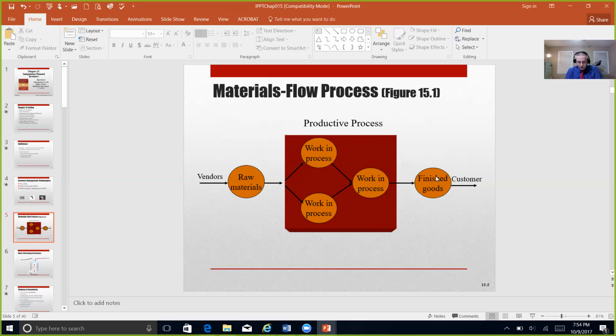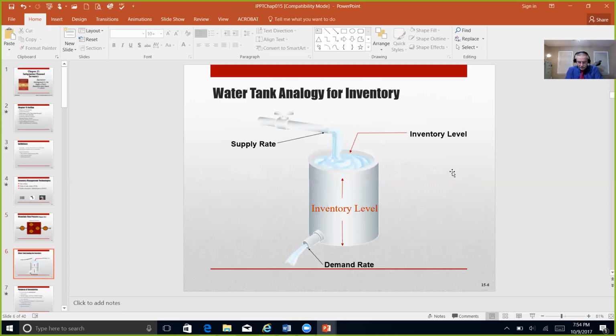It is really about the flow of material and how it connects one piece of the manufacturing or service process to another. Figure 15.2 is a pretty good analogy for the concepts and flows of inventory and stocks.